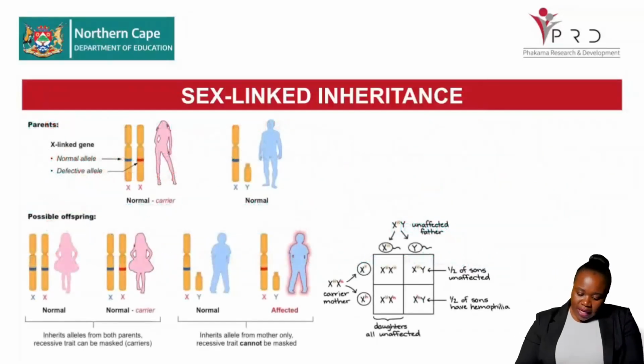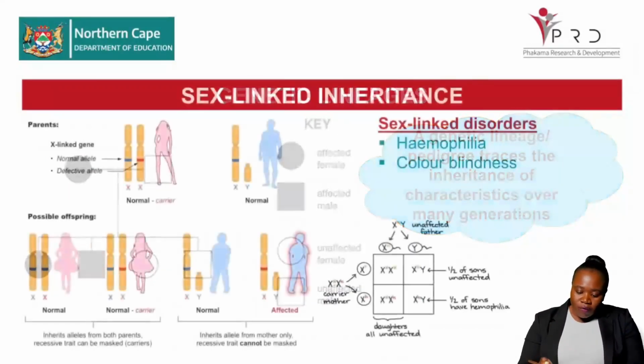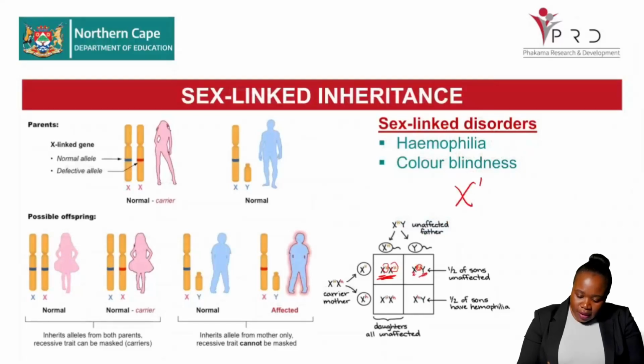Okay, so as you can see, we have the X chromosome, and 2 X chromosomes in the female, and there is that indication of the characteristic. In the male as well, there is that indication of the characteristic, but it is not found on the Y chromosome. So do not make the mistake of indicating X^H, Y^H.